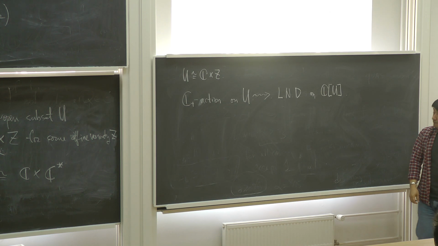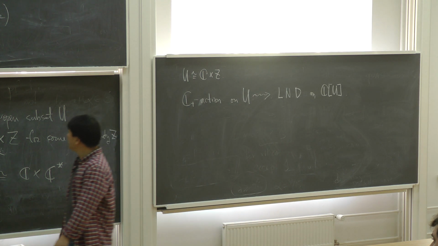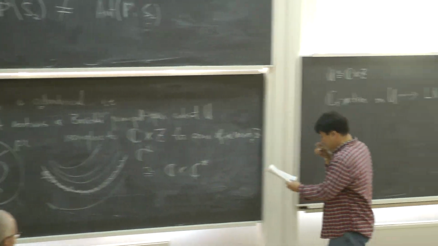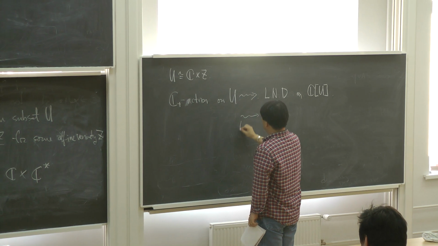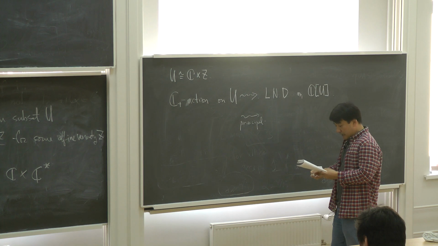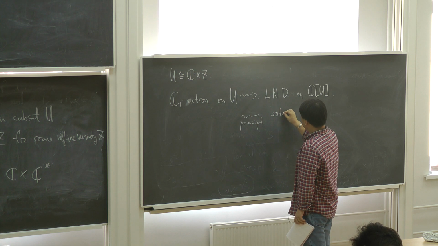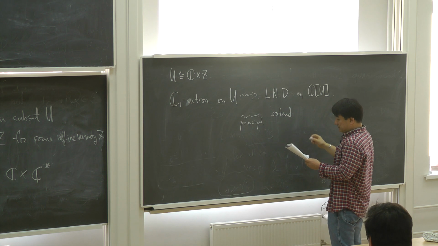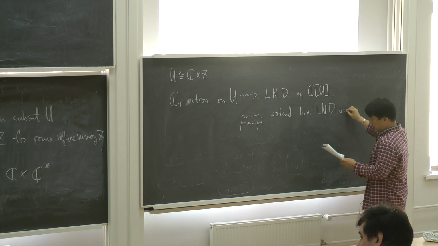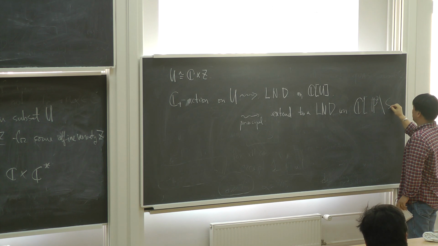We require this Zariski open subset to be principal. Then this principal condition allows us to extend this locally nilpotent derivation to another locally nilpotent derivation on this whole space, P2 minus S2.